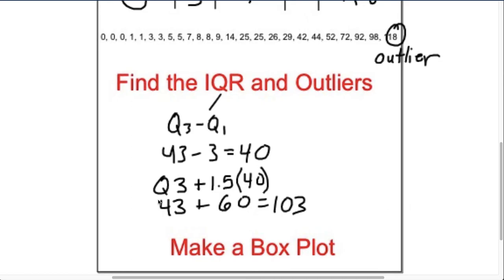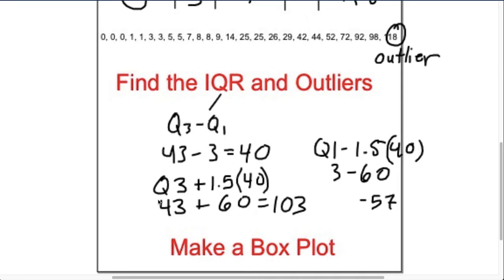To find the other side of the outliers, it is Q1 minus 1.5 times 40. So Q1 was 3, and then minus 60. In this case, we are talking about sending text messages, so we can't even get negative 57 text messages sent.